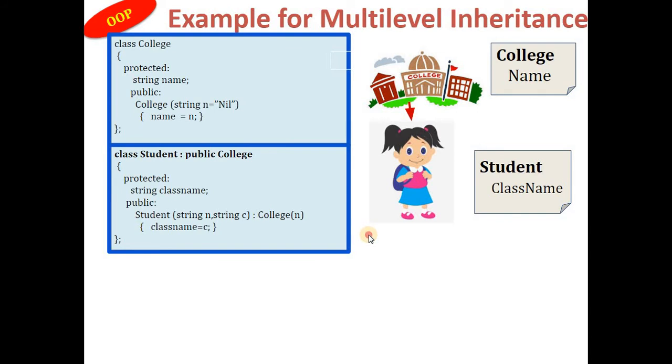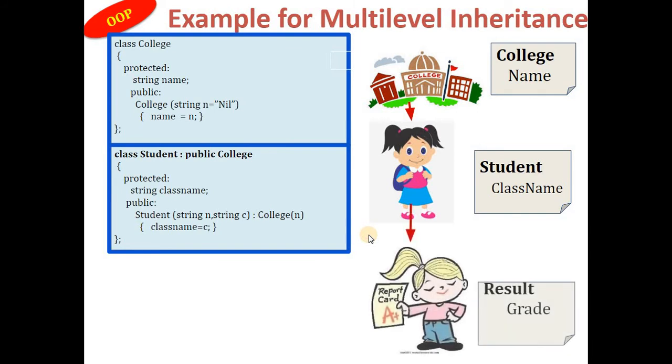And now we have a third class which is acting as a multi-level inheritance. So you have two levels over here. Result is a derived class of student class and student is a derived class of college, or vice versa, college is a base class of student and student is a base class of result.